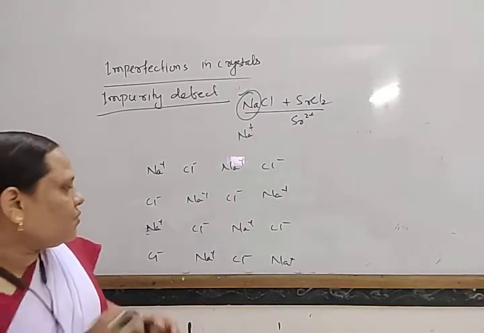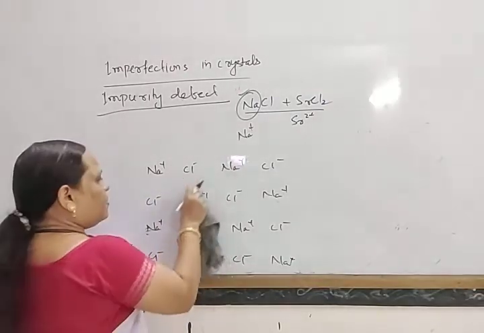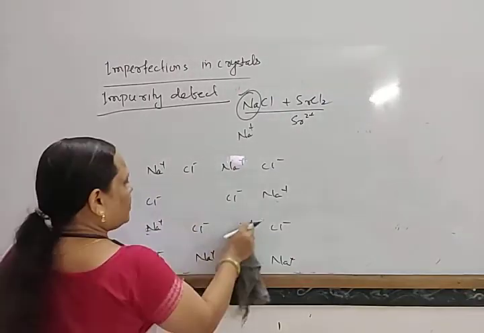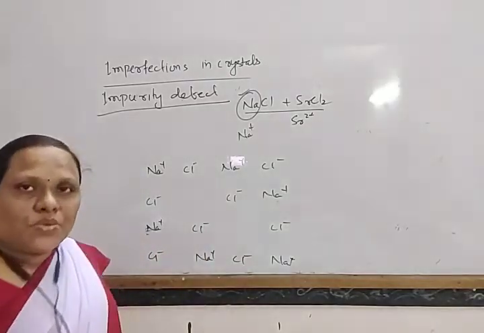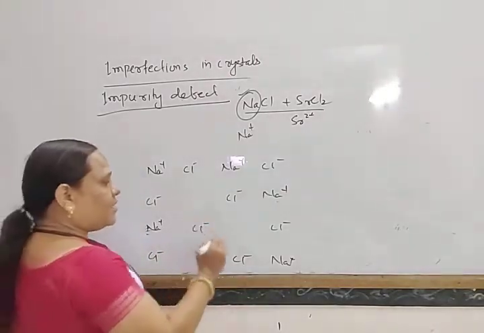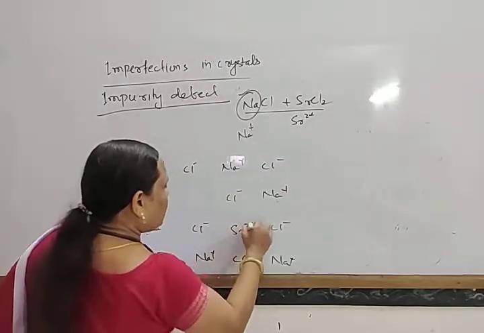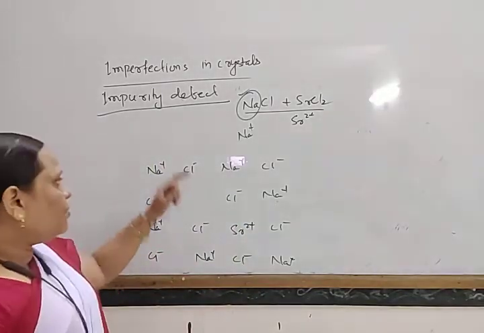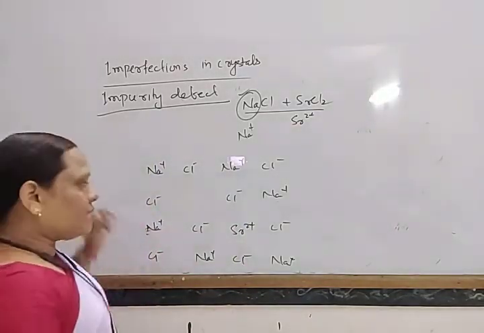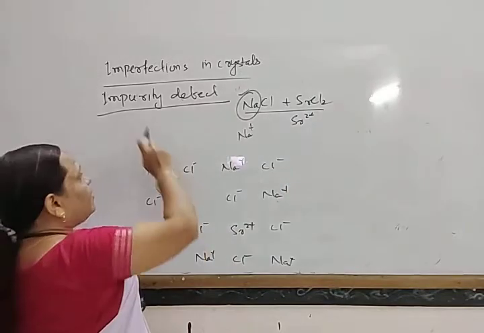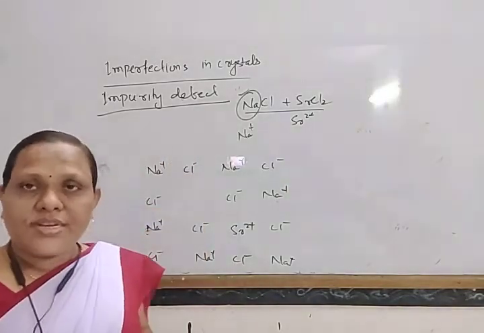If two sodium ions are removed from the lattice sites, in that case one Sr2 plus ion remains to maintain the electrical neutrality, and that type of defect is called impurity defect.